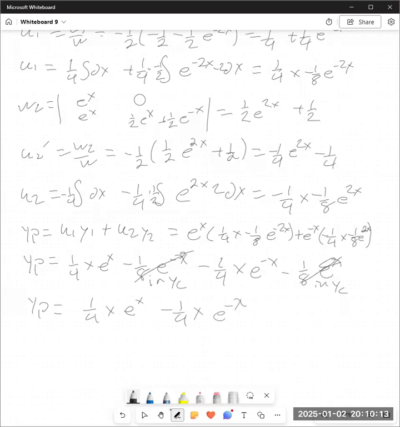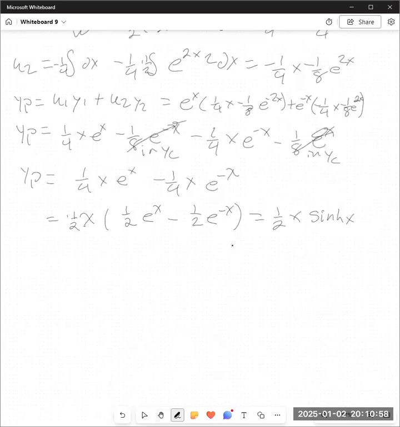Let's try and write that in terms of sinh or cosh now, since that's fitting with what we started off with. So let's first factor out the common factor of x. And let's pull out the 1/2 while I'm at it. So this is 1/2 x times (1/2 e to the x minus 1/2 e to the negative x), which is 1/2 x sinh x for my yp.